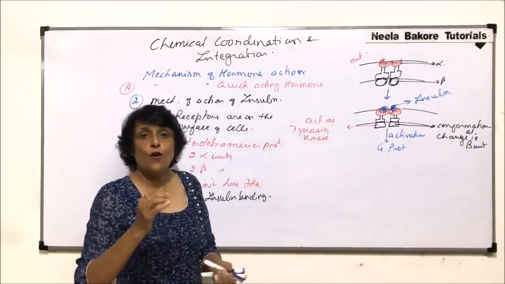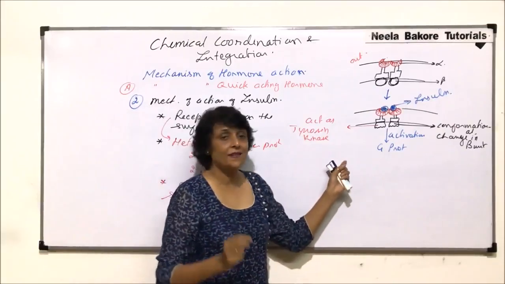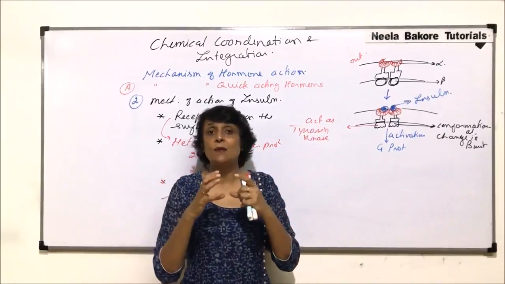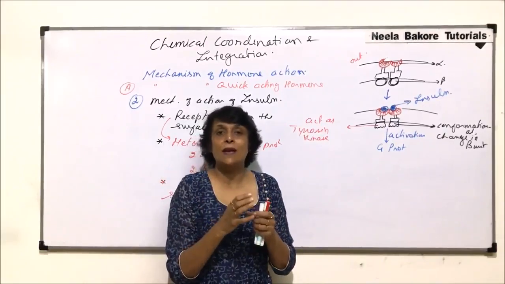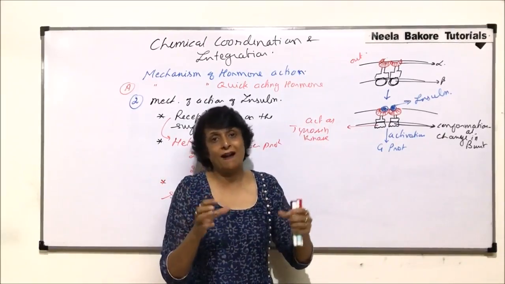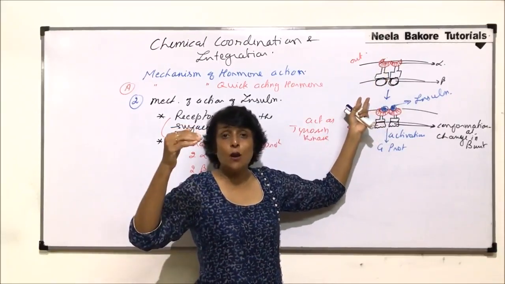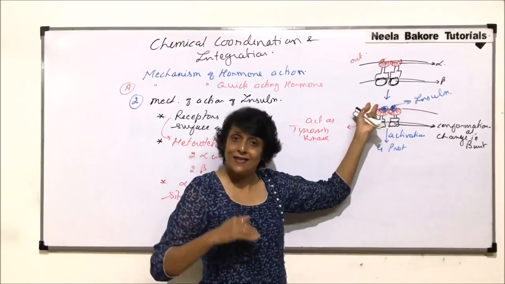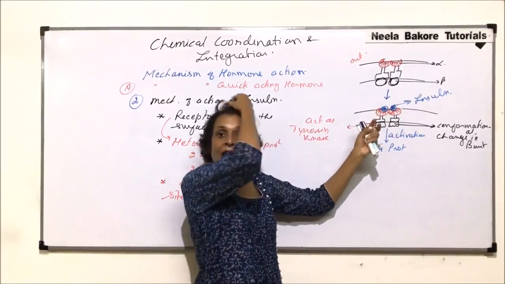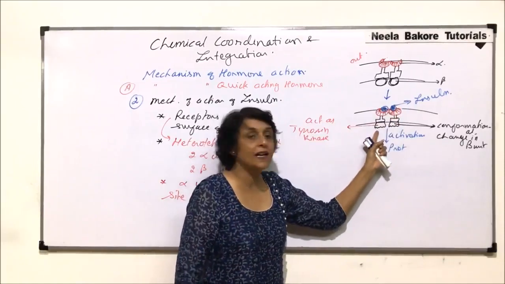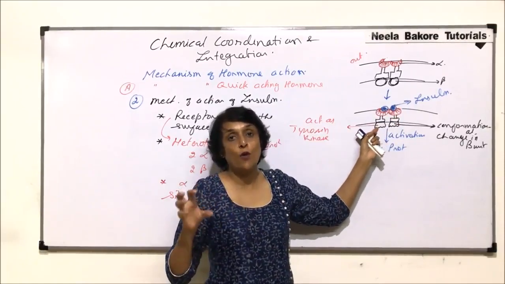So far what has happened is the receptor for insulin is on the surface, and the receptor is a big molecule. It is a tetrameric molecule. There are four parts, 2 alpha, 2 beta. Alpha is exposed on the outer side of the membrane, beta on the cytoplasmic side of the membrane. As soon as insulin binds to the alpha unit, beta unit undergoes a conformational change.